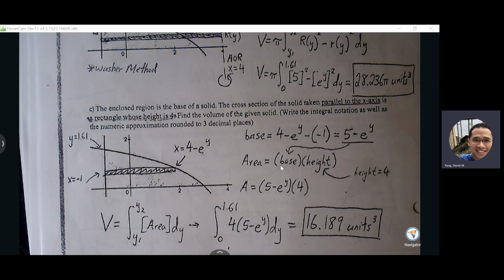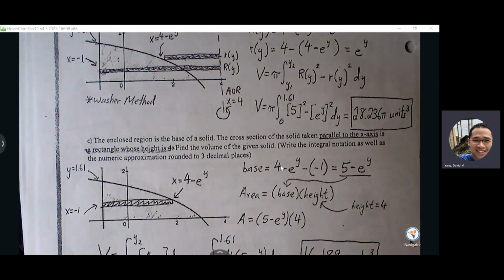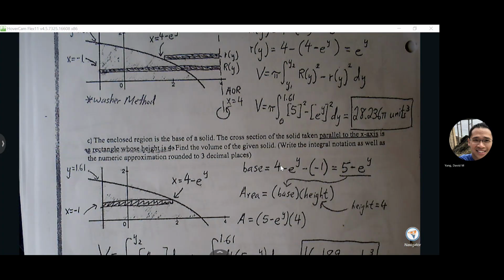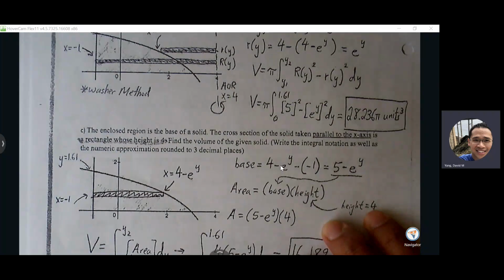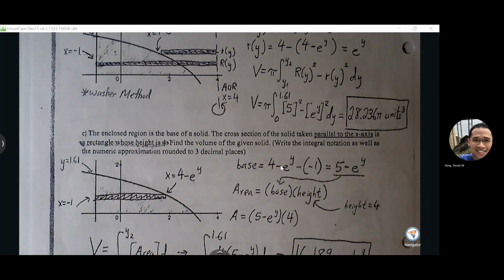This curve is actually y minus a to the y. I think, let's see. No, you're right. What's the issue? This is 4 minus... minus e.